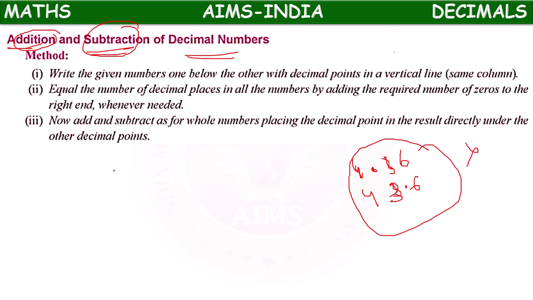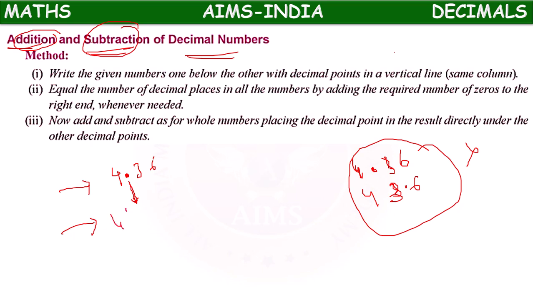How we have to write: 4.36, this is the point. Before the decimal point only, this is the first decimal number. For the second decimal number also, in that vertical line, the second decimal point should come.